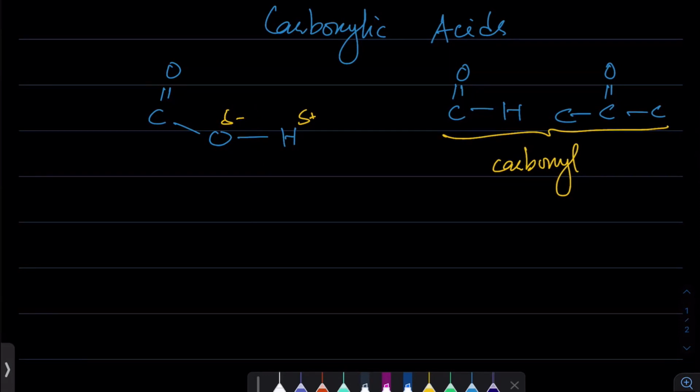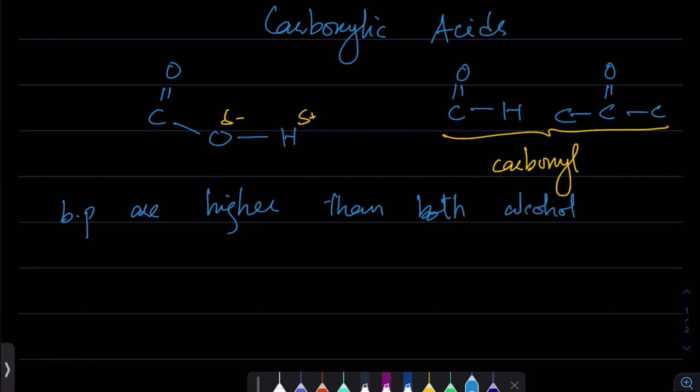Does that mean that their boiling points will be higher than aldehydes? What do you think? Or alcohols? Yeah, it does mean that, because their boiling points are higher than both alcohols and aldehydes.